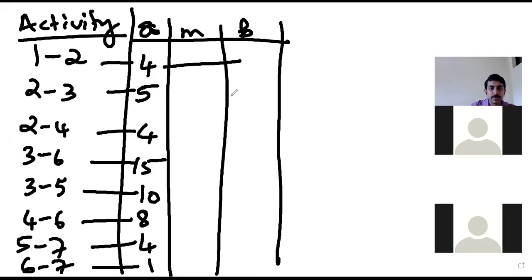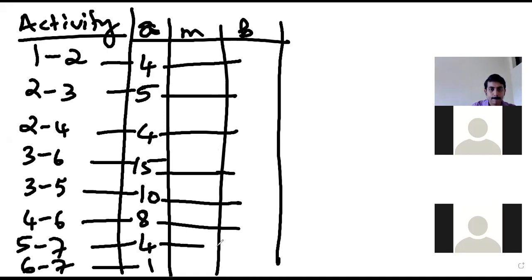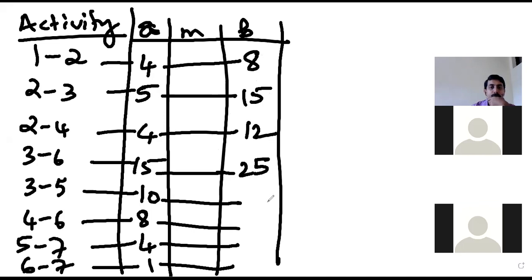What is the value of B? 8, 15, 12, 25, 26, 16, 12, 3.